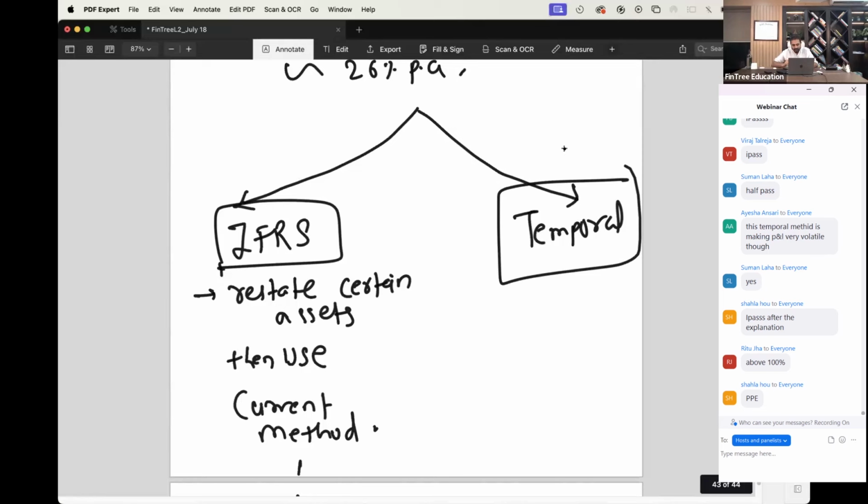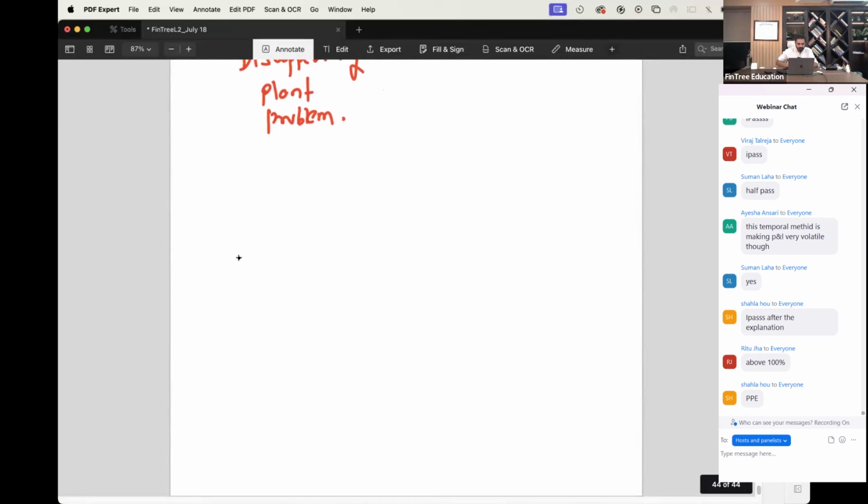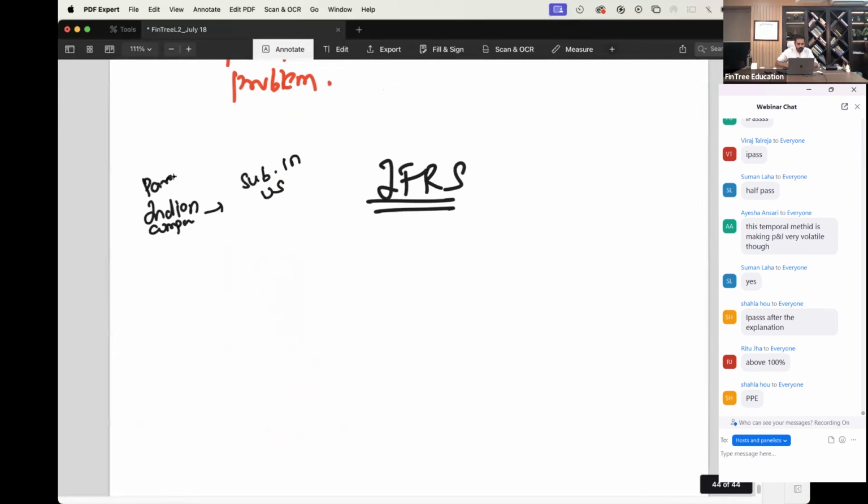Okay, now why? Let's look first at what the IFRS dilemma is and what the disappearing plant problem is. So let's think of IFRS. Here's how you want to think. Let us say I'm an Indian company. I have a subsidiary in the US. Indian parent, subsidiary in the US.